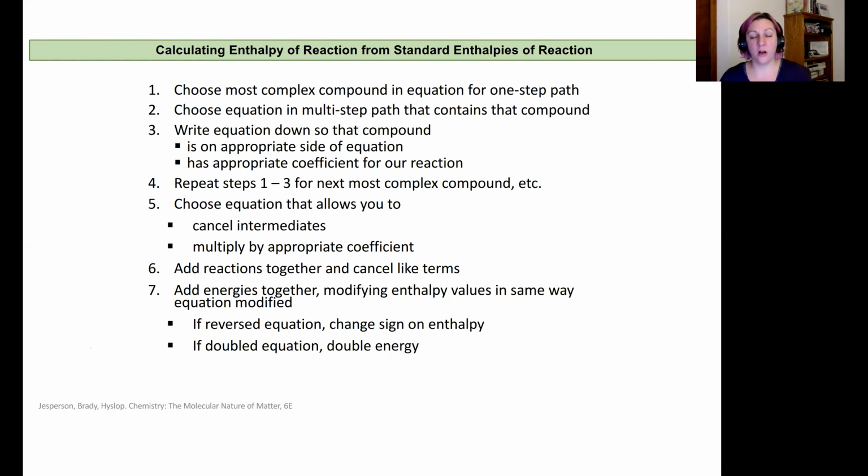And you do that for all the different compounds. Sometimes you might have to multiply all the coefficients by a single number, and then you do that for the enthalpy too. You manipulate all of the chemical reactions until, when you add them up, things cancel out and you have the reaction you're interested in as the sum. Then you take the sum of the enthalpies, as they've been manipulated, to get the enthalpy for the reaction.